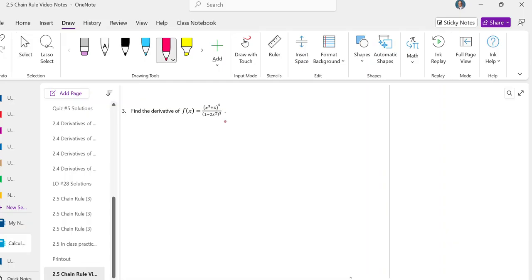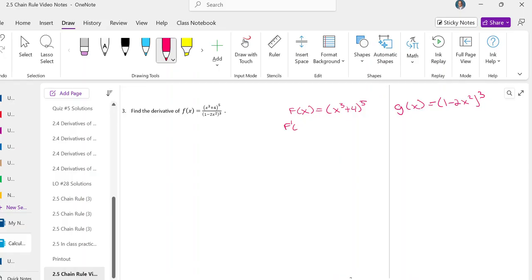So here we have a quotient rule, right? So we have two functions. We have f of x equals (x to the third plus 4) to the fifth power. And we have g of x equals (1 minus 2x squared) to the third power. So to take the derivative of each one, we have to do the chain rule.